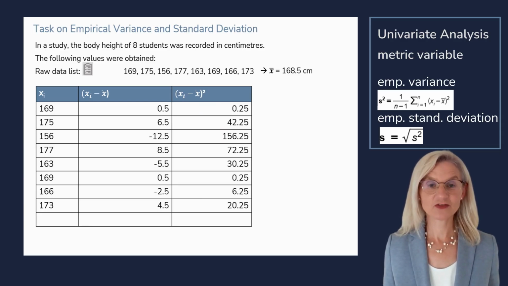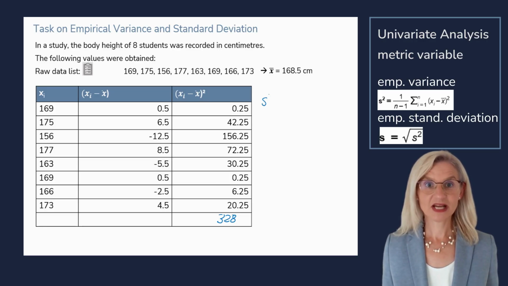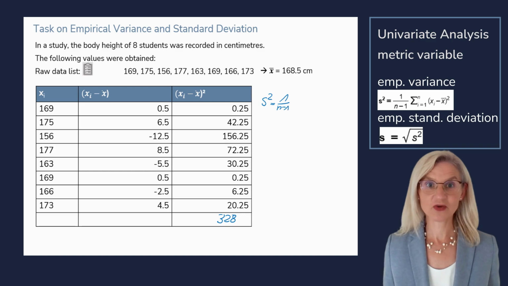Now we have everything we need to compute the empirical variance. The empirical variance s squared equals 1 divided by n minus 1 multiplied by the sum from i equals 1 to n of the squared deviations between xi and x bar.